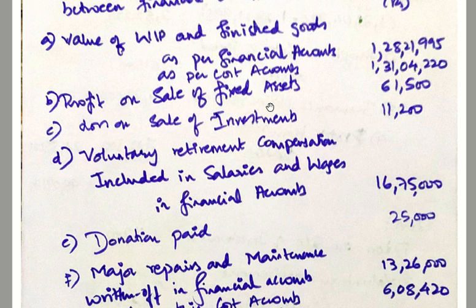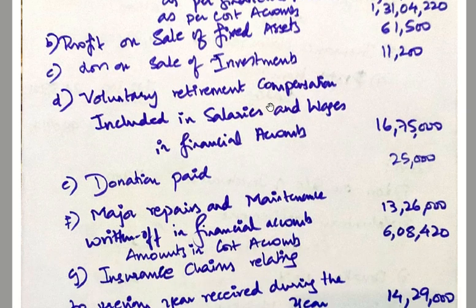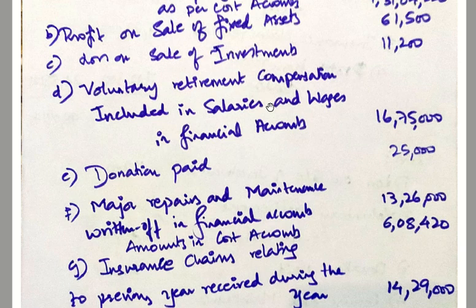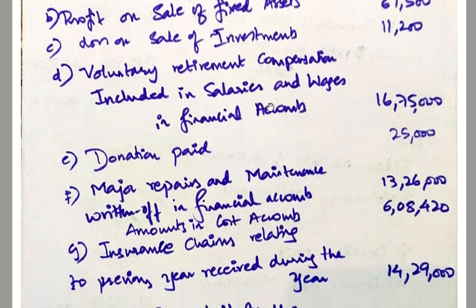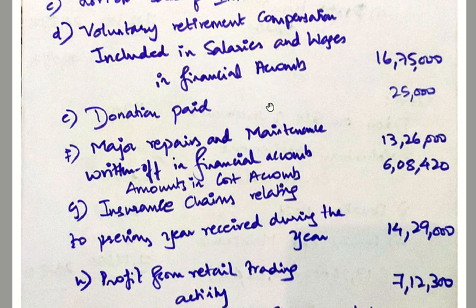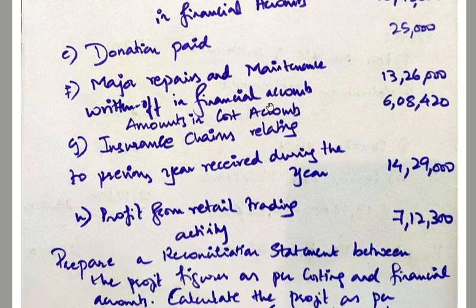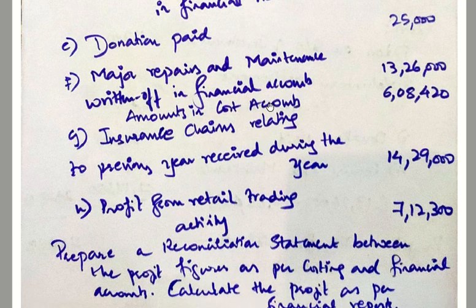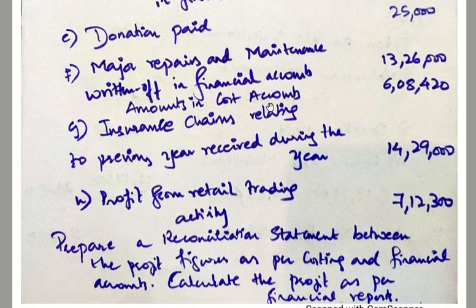Profit on sale of fixed asset, so it is a financial profit, you will add it. Loss on sale of investment, it's an expense, you will minus it. Voluntary retirement compensation included in salaries and wages in your financial accounts, it's an expense, you minus it. Donation paid is an expense, financial, all these are financial expenses, so you minus it.